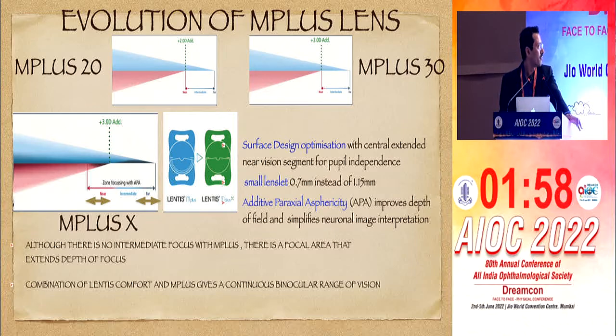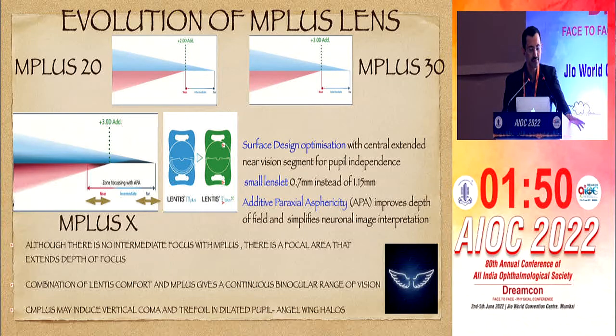A combination of Lentis Comfort and M plus gives a continuous binocular range of vision. M plus lens may induce vertical coma and trefoil in a dilated pupil because of a large near add, so it can cause angel wing halos as well.